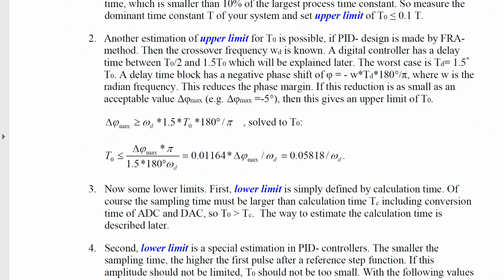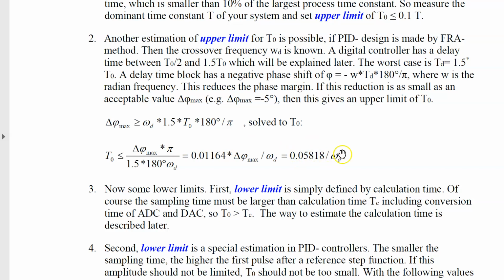If we switch to our paper, then you see the resulting value, pi divided by 1.5 divided by 180, and delta phi max replaced with 5 degrees.